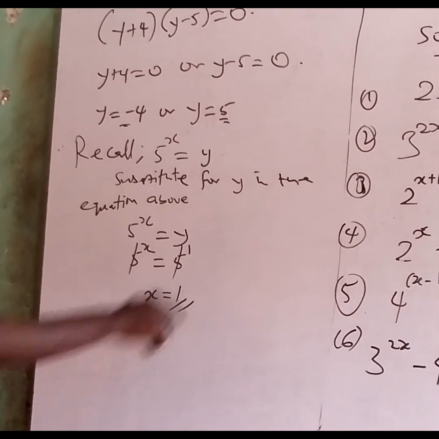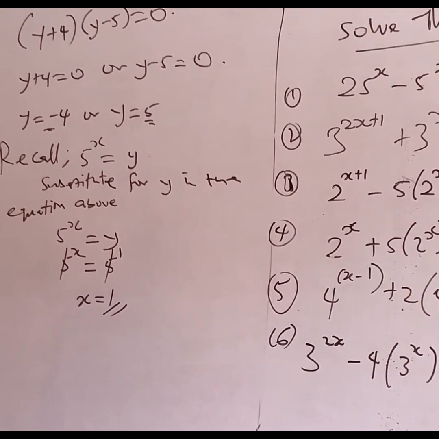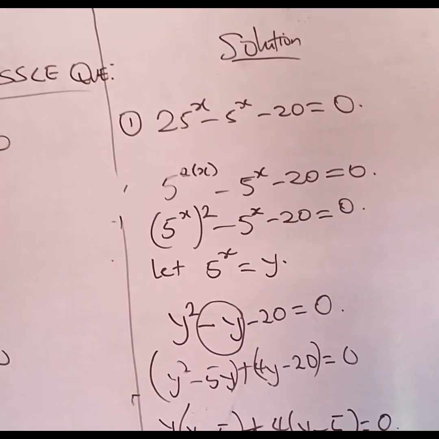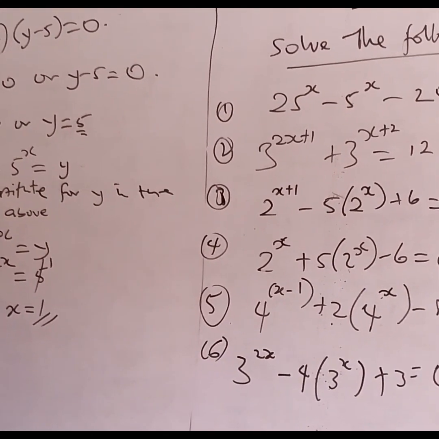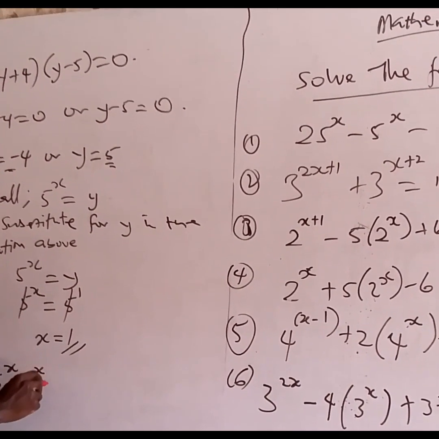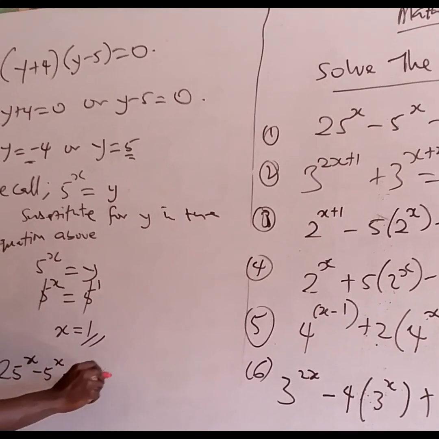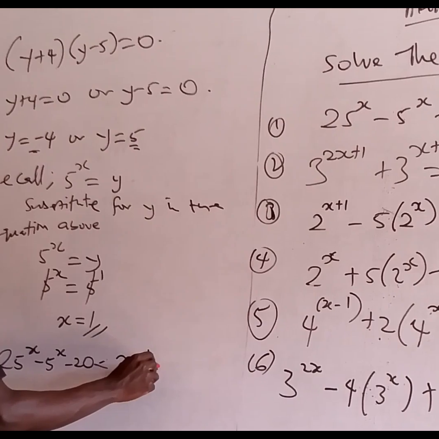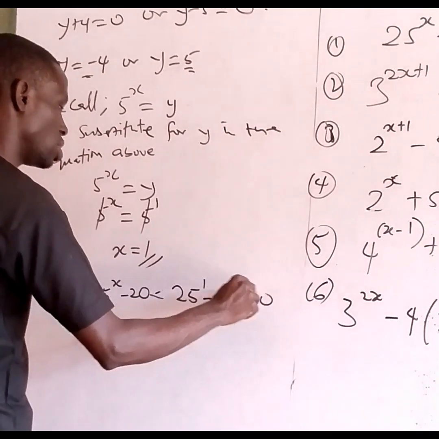Let's confirm if our answer is correct or not. Let's substitute for x in the question and see if our answer will give us 0. 25 raised to power x minus 5 raised to power x minus 20: that's 25 raised to the power of 1 minus 5 raised to the power of 1 minus 20.